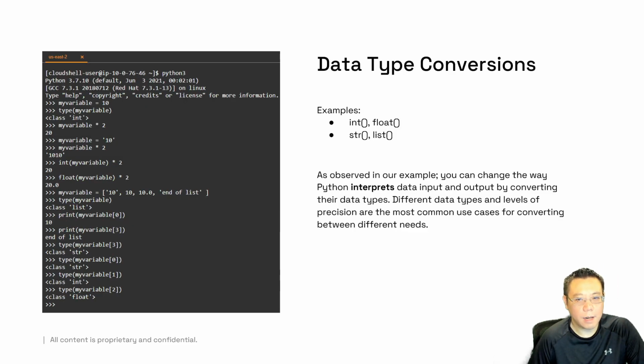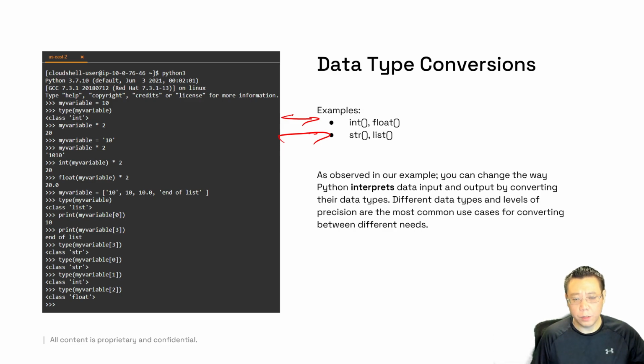Now, data type conversion. We talked a little bit about this. We saw this previously. I keep bringing this back up for a reason because I want you to remember. I want you to be able to recognize and understand what you need to do here. So let's look at integers and floats, strings and lists. Two separate types, but four separate data type conversions.